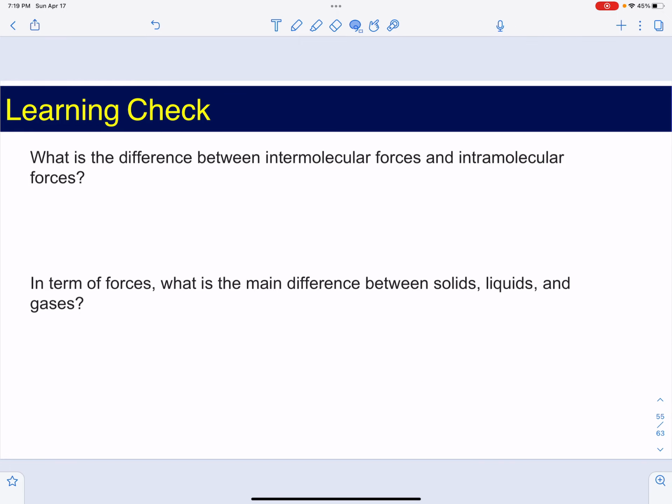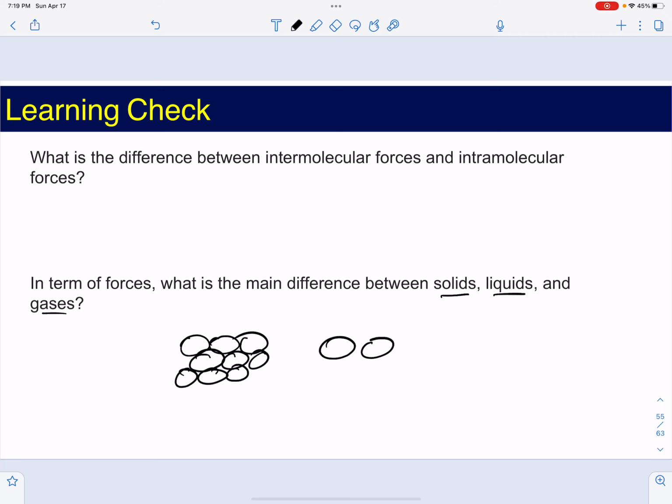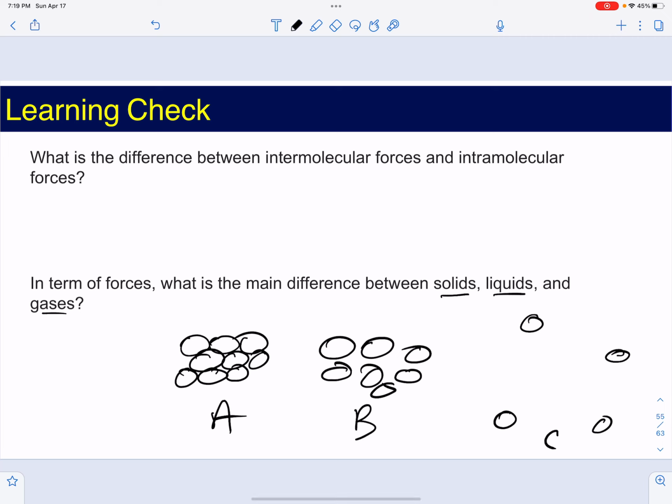in terms of forces, what is the main difference between solids, liquids, and gases? Well, if I show you this, and I show you this, and I show you this, and I ask you, between A, B, and C, which one is the gas?